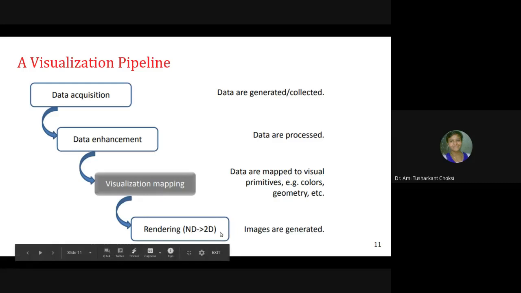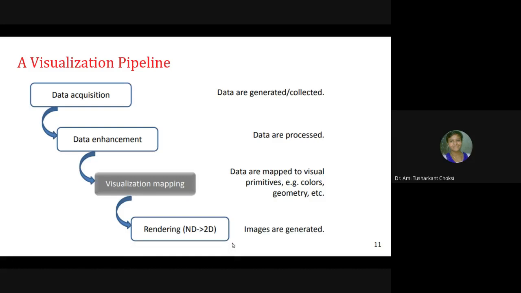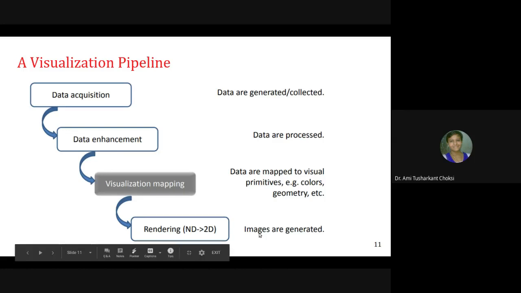The data is in n dimensions, which we will convert to two dimensional, that is the 2D picture. That is a graph, right? Or any other type of visualization. So images are generated. Fine. So this is the visualization pipeline.